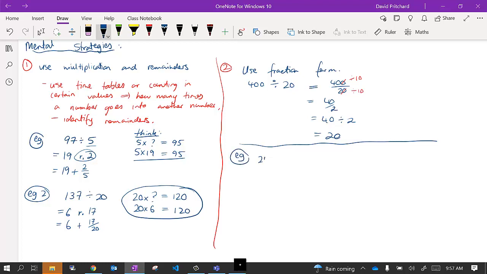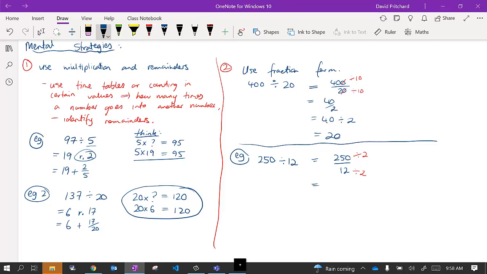Let's say we're looking at 250 and we're dividing by 12. So I don't know about you, but trying to work out how many times 12 goes into 250 can be a little bit challenging. So if we write that as a fraction, is there any values that we can divide them both by? And because they're both even, the easiest thing is to go, well, actually, I can divide them both by 2.